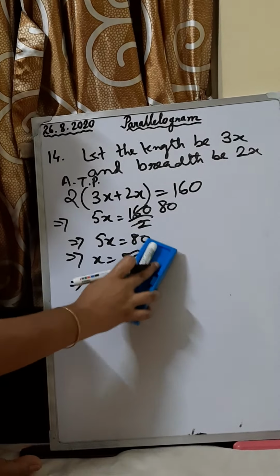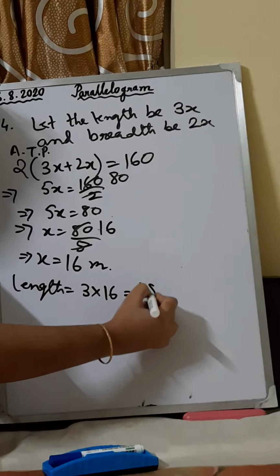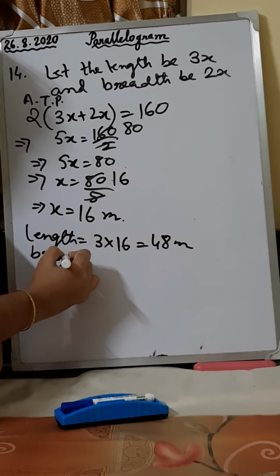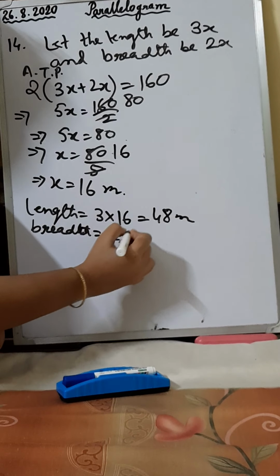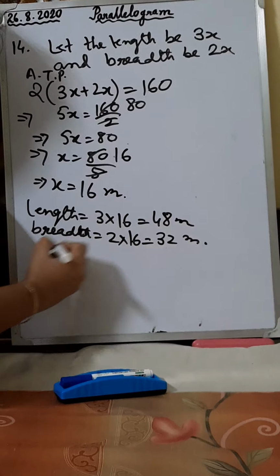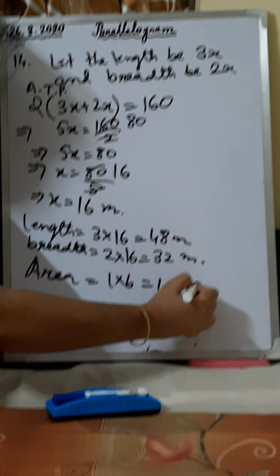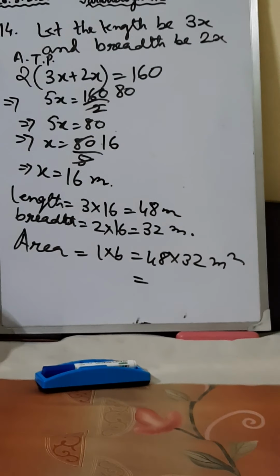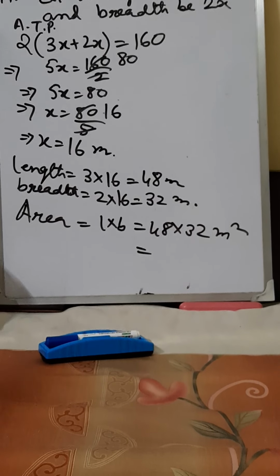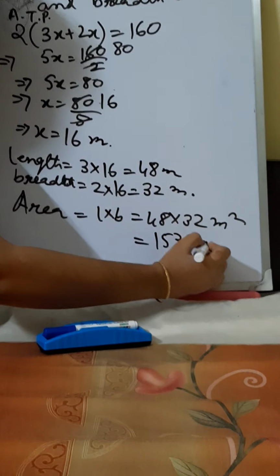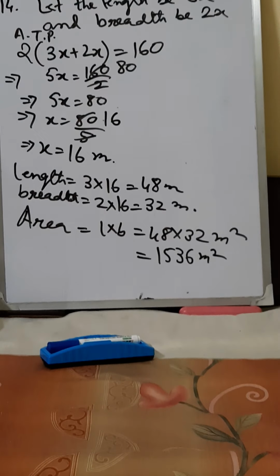Unit should be meter because the perimeter is given in meter. Therefore, length equals 3 into 16, that means 48 meter. Breadth equals 2 into 16, that means 32 meter. Therefore, area will be length into breadth, that means 48 into 32 meter square, which equals 1536 meter square. This is your required answer.